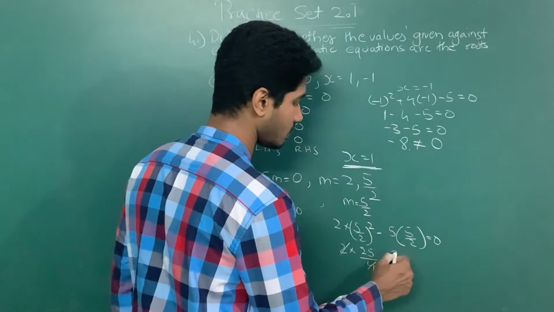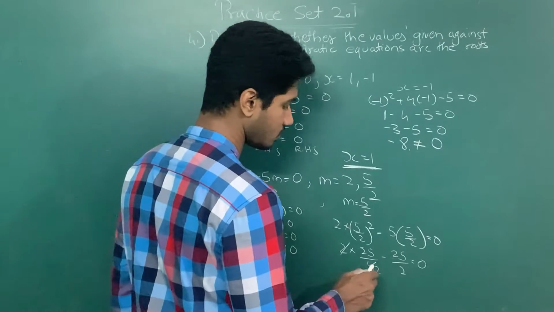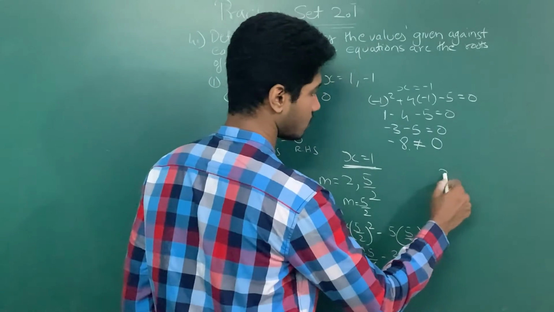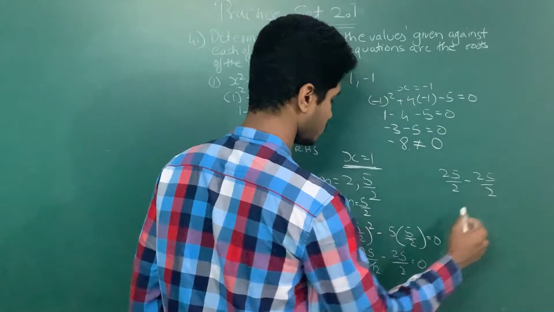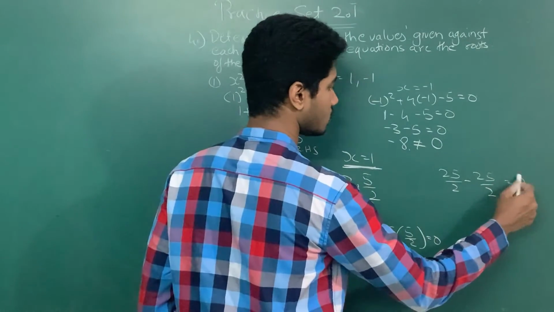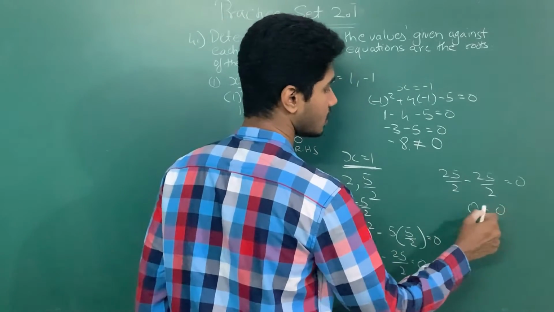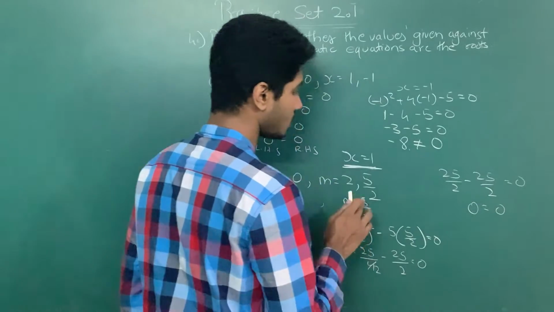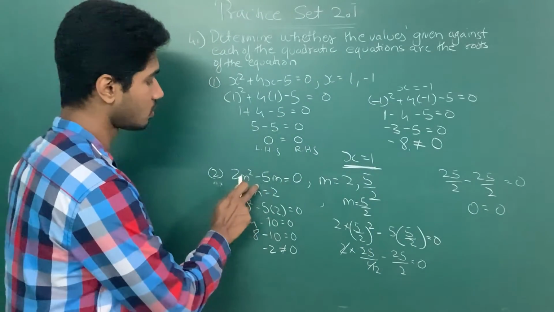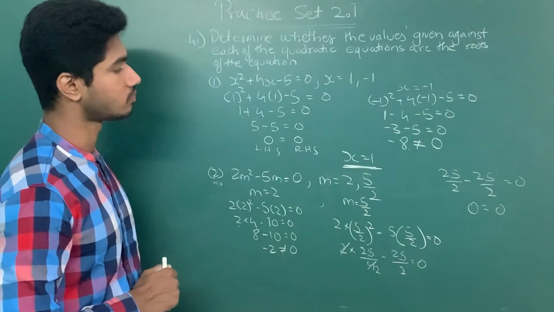This will be 5 into 5, 25 upon 2. So you're left with 25 upon 2 minus 25 upon 2 equal to 0. Now if you see, it's the same fraction, so therefore you get 0. Therefore, left hand side and right hand side are the same. Therefore, 5 by 2 is a root for 2m square minus 5m is equal to 0.